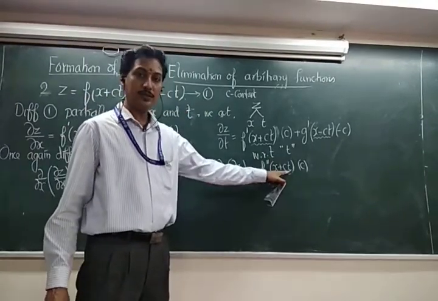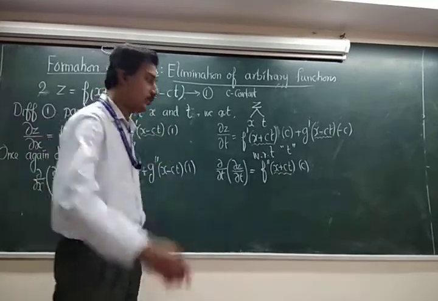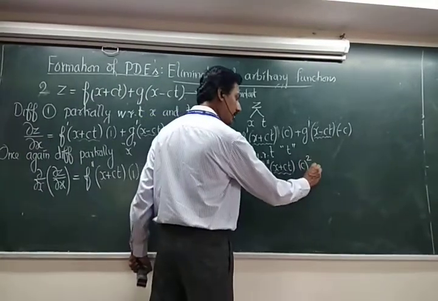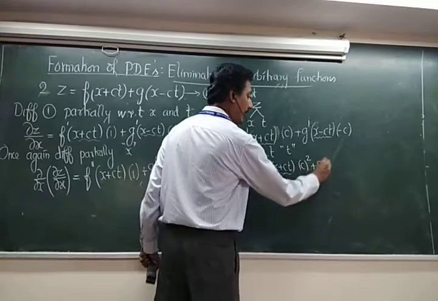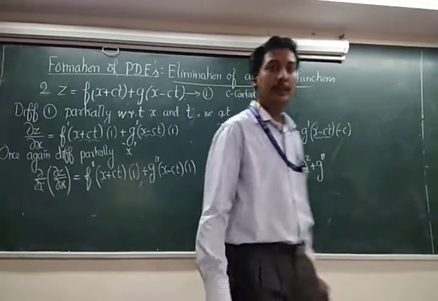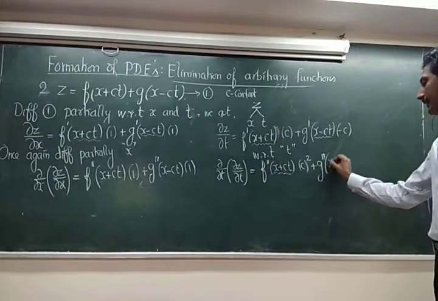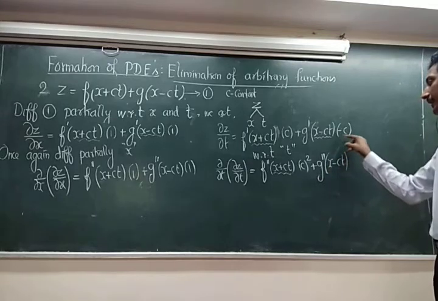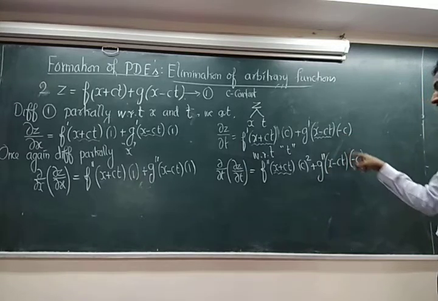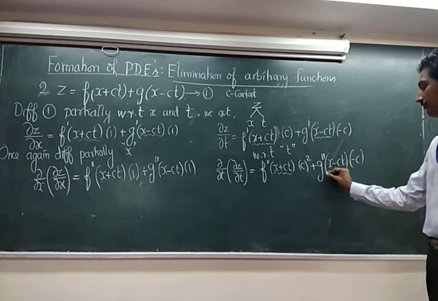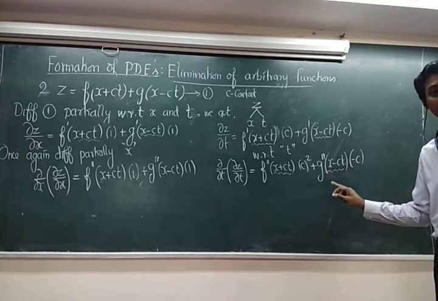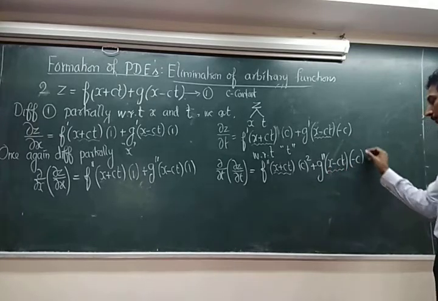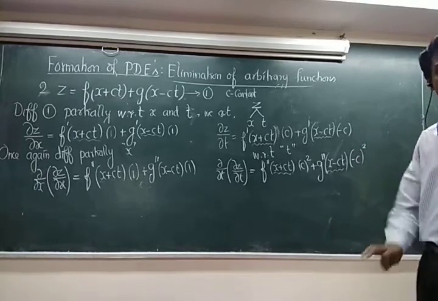So t becomes 1, so c only. So one more c. So c into c, c square. Similarly, plus g double dash of x minus ct. Clear? Already minus c was there. Once again differentiate this with respect to t, I get one more minus c. So minus c into minus c, or plus c square.